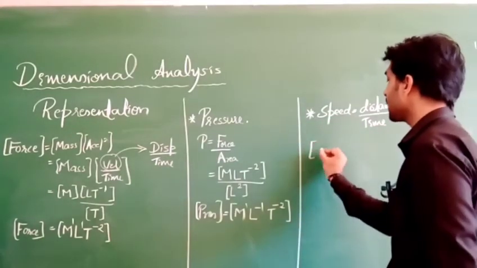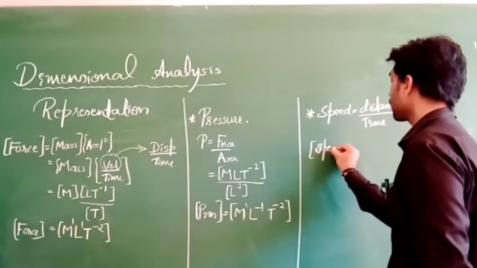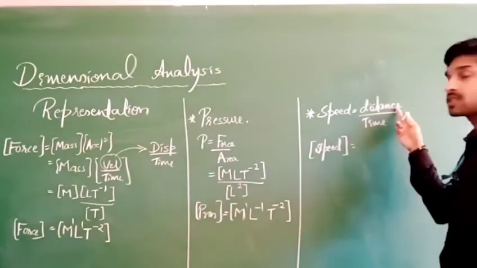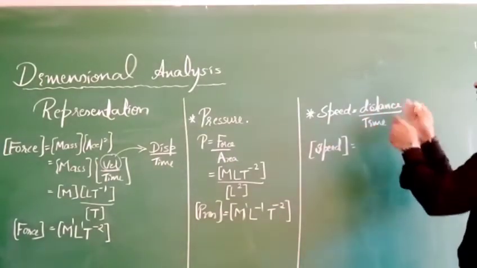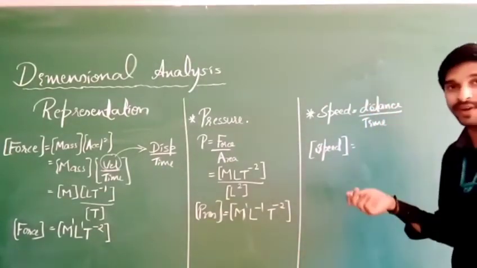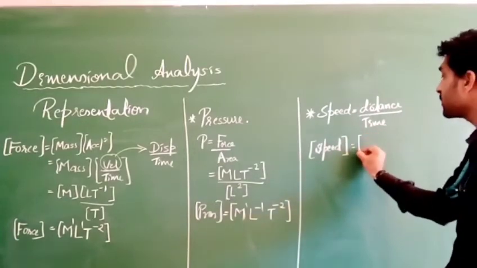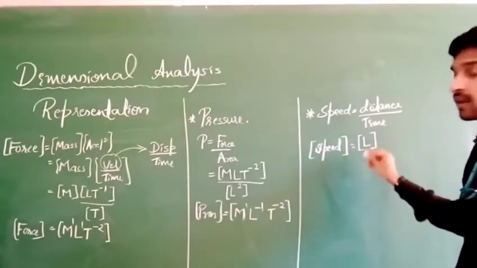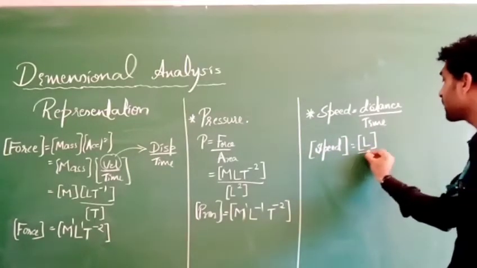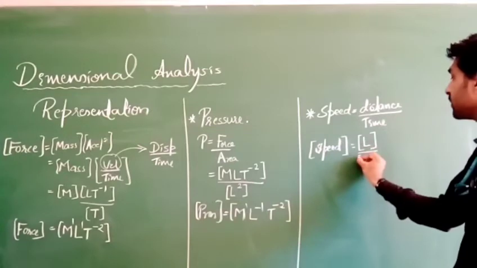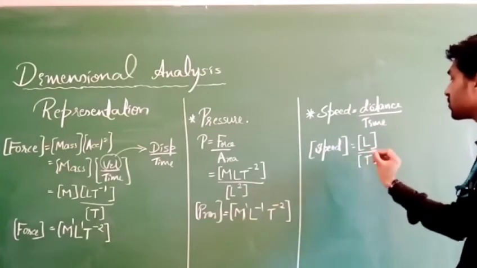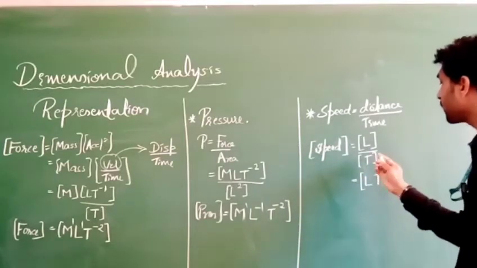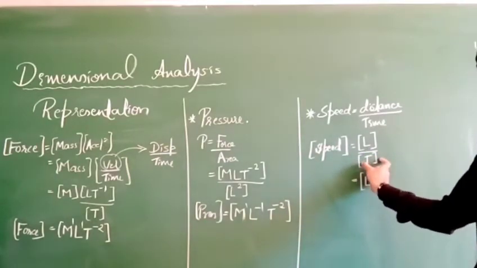So just start the analysis. The dimensional formula for speed, using square brackets, is equal to distance by time. What is the SI unit to measure distance? That is meter, correct? So the dimensions for distance are nothing but length, which I will write as L. Time is T. So the dimensional formula for speed will become L into T power 1 in the denominator.